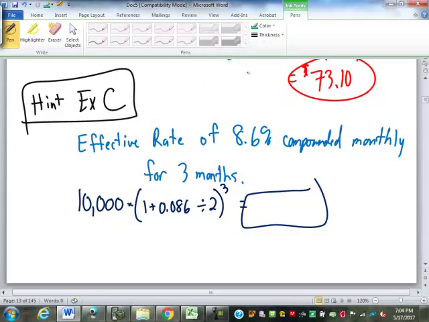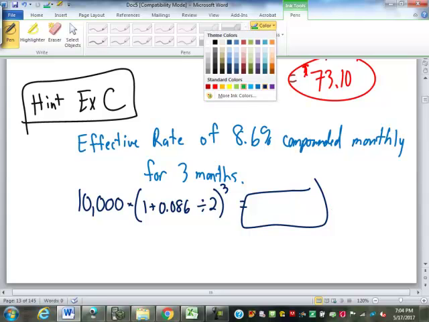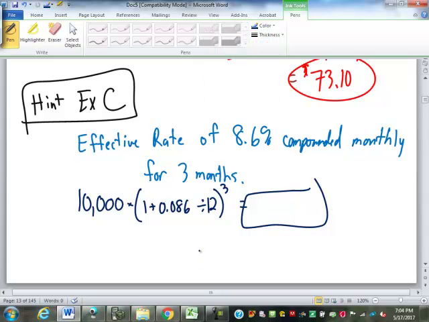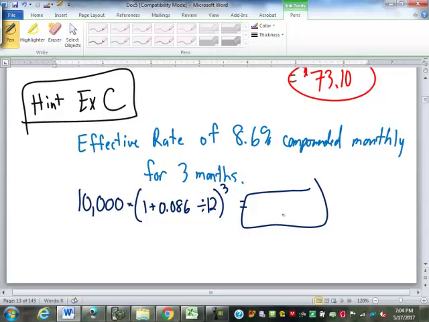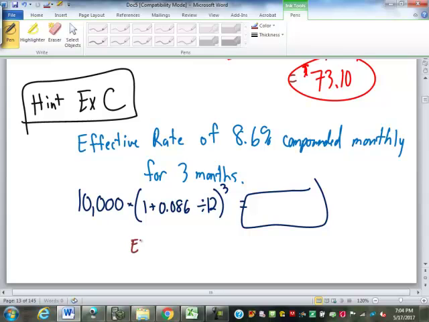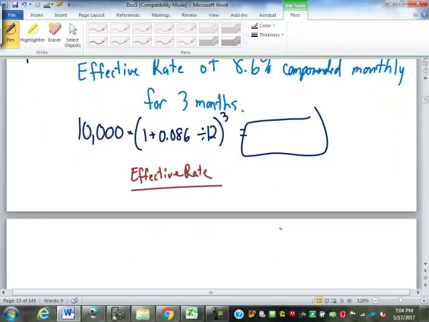Once you have that effective... Oops, go ahead. Did you mean to put 12 when you divided? Did I mean to put 12? That one didn't show up, or I forgot to put it in there. One of the two. Divided by 12. You are correct. And then once you have that effective rate, which will be higher than 8.6%, we are just going to call that ER right now.